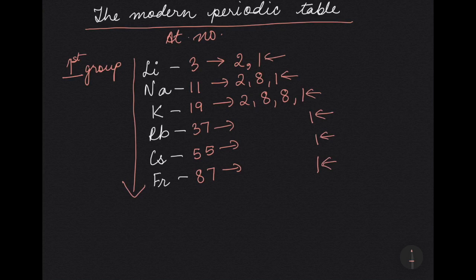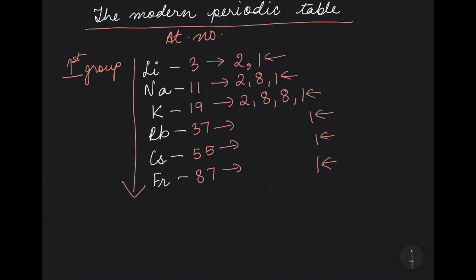So that is the main cause why the chemical properties are the same. When we look at these elements, we will notice that elements with similar electronic configuration have similar properties. So the cause of periodicity is the same number of electrons in the outermost orbit.